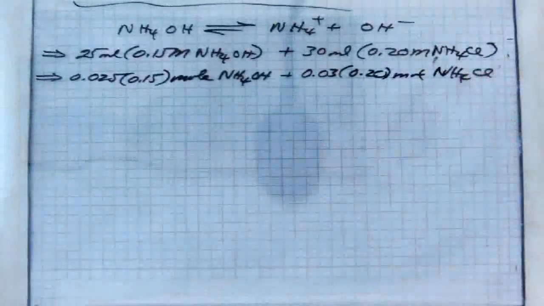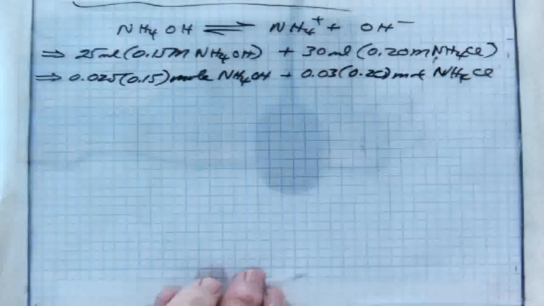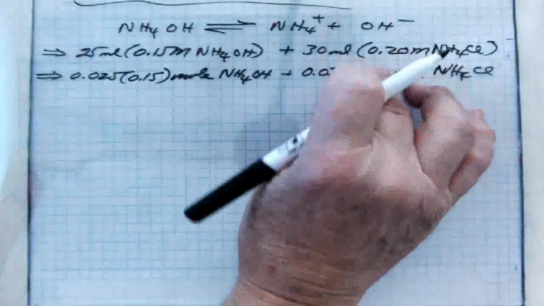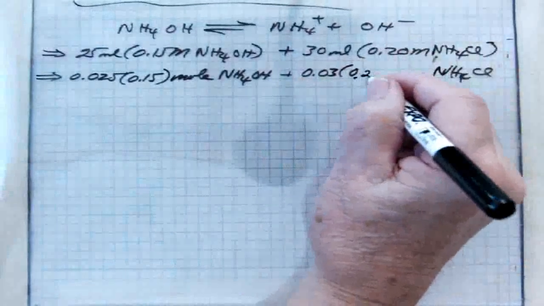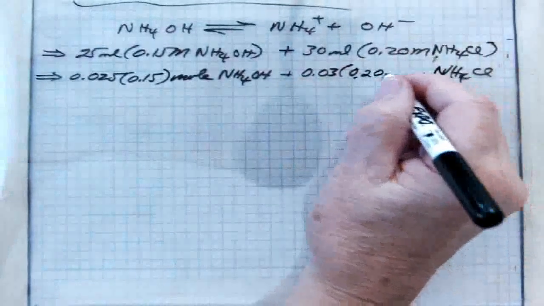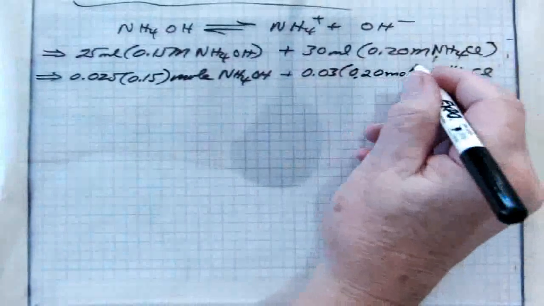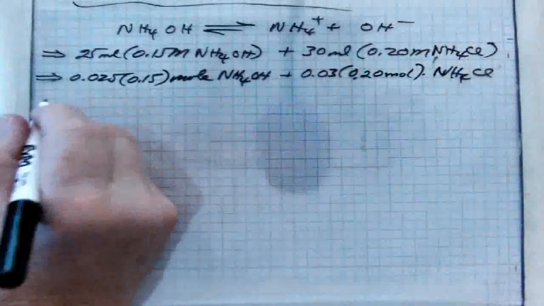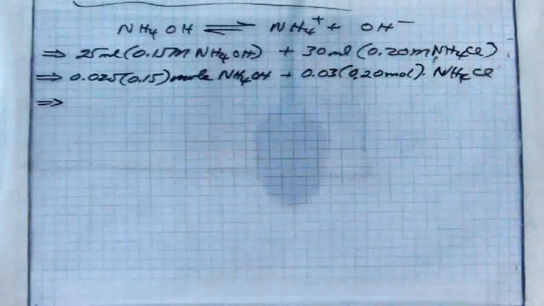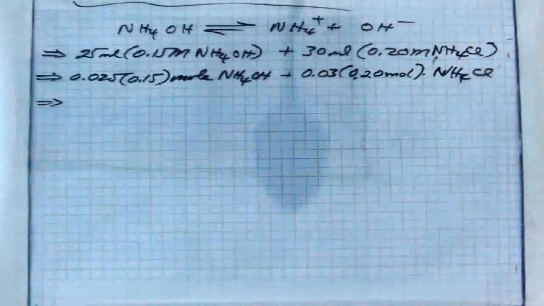So the equilibrium expression is a base for this, and so that is ammonium ions, hydroxide ions, NH4OH, and that's equal to 1.8 also times 10 to the minus 5.